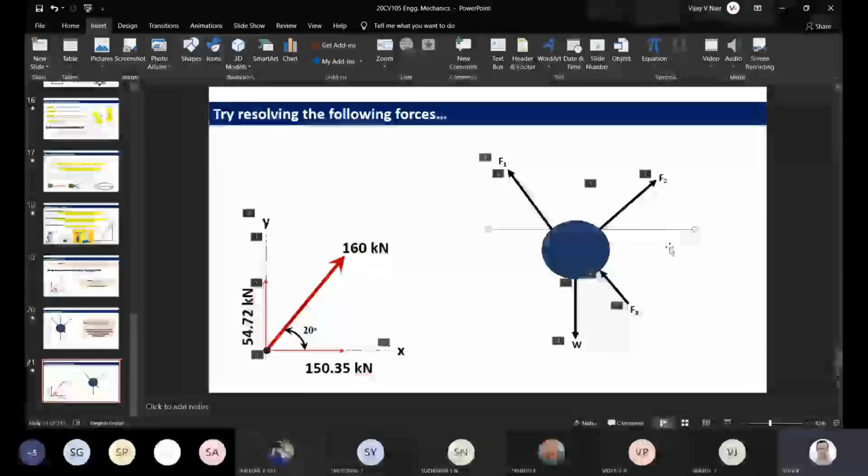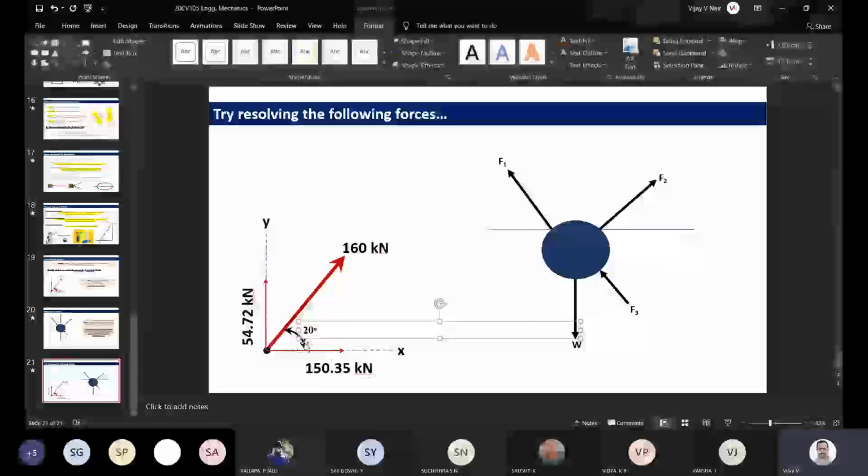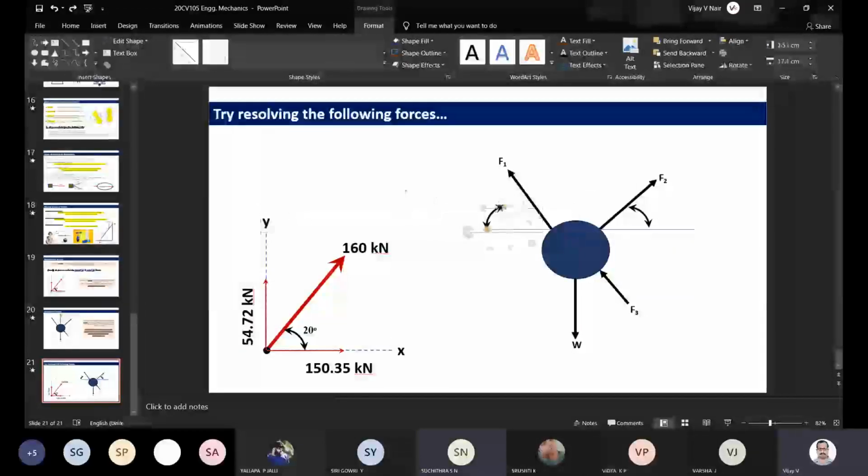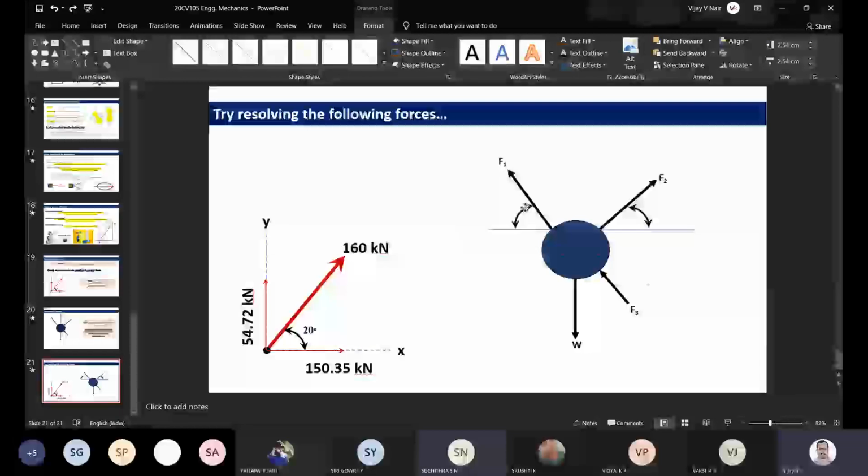So say this is the x-axis here, and the angle here. The angle here.